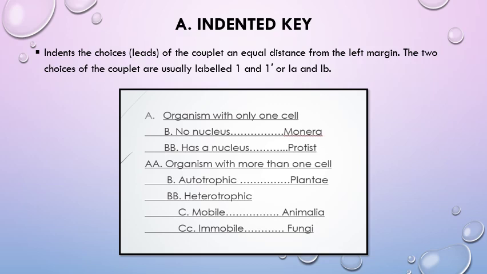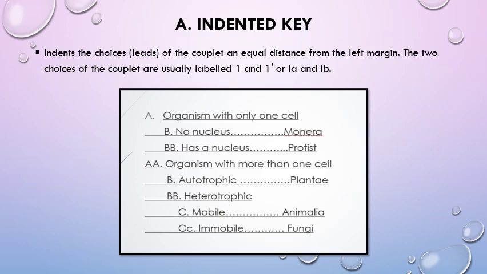And we have discussed also that this indented key is a different style to write the key. Like in the dichotomous key, we can draw the key in a branching pattern, or by writing them by giving the number simply.